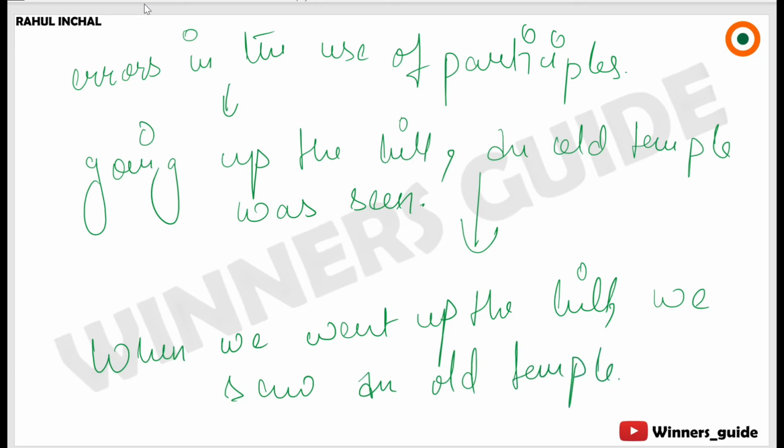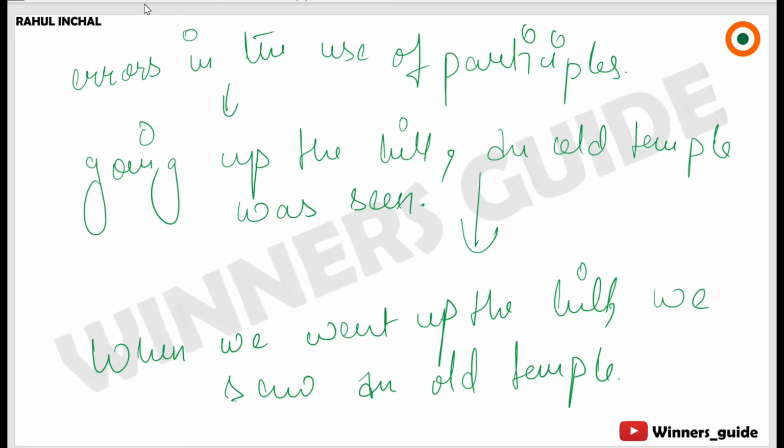For another example, I'll just read out for you. Standing at the gate, a scorpion stung him. Instead of this, we're supposed to use: standing at the gate, he was stung by a scorpion. Or maybe, while he was standing at the gate, a scorpion stung him. Another example: entering the room, the light was quite dazzling.